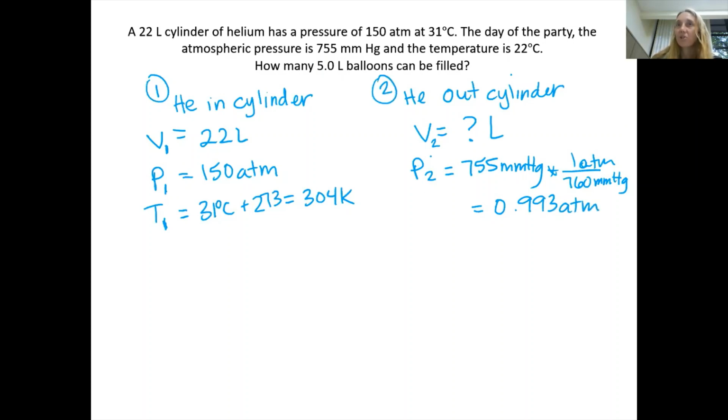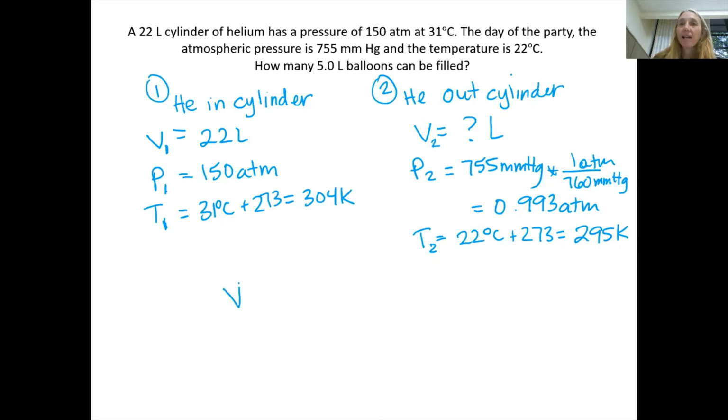In situation 2, I want to know that volume. I have the pressure of 2, and the temperature of 2 is 22 degrees Celsius. I'm going to convert that right away to Kelvin, and that's 295 Kelvin. So now I have volume, pressure, temperature, volume, pressure, temperature.